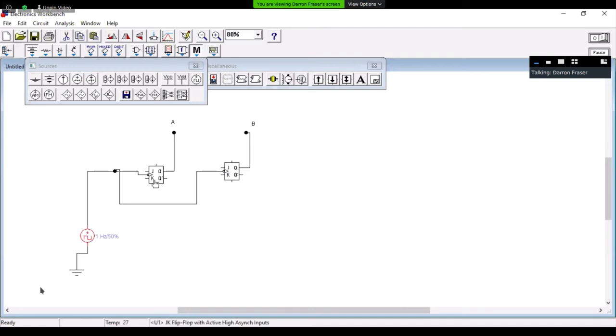JA equal B. So this I'm going to connect to B. KA is B bar, so I'm going to connect KA to B bar. JB equal A. KB equal A bar.